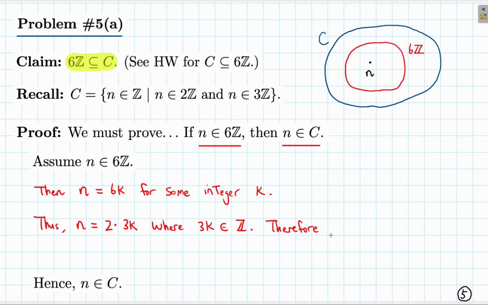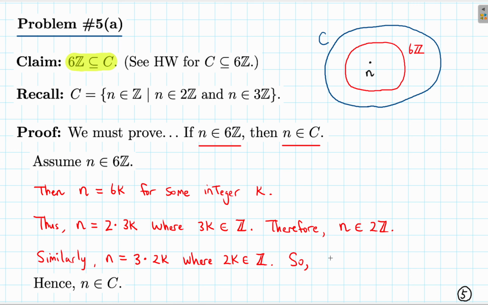And so we just rewrote n as 2 times another integer, namely 3k, and therefore we can say that n is an element of 2Z. And similarly, we can rewrite n as a multiple of 3 by saying 3 times 2k, where 2k is still an integer.